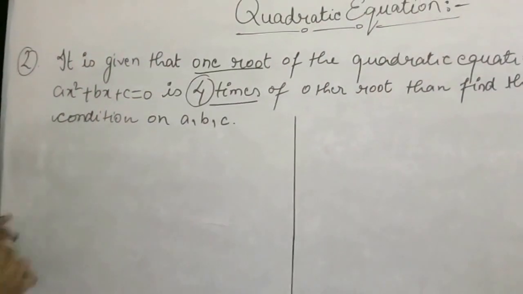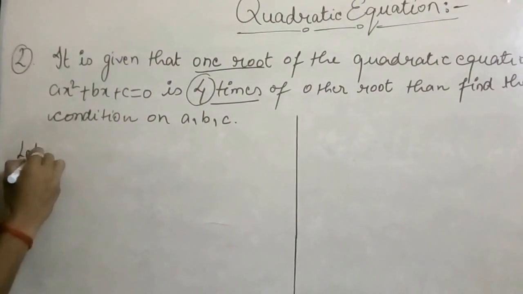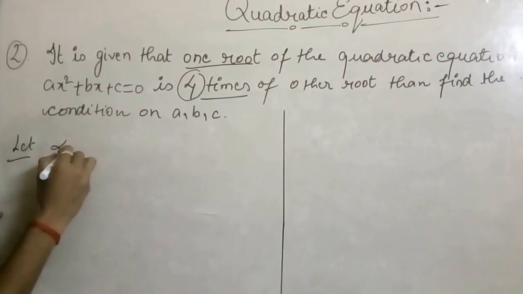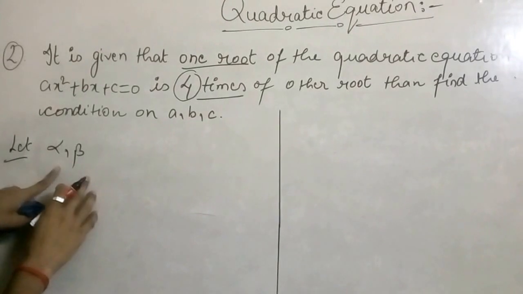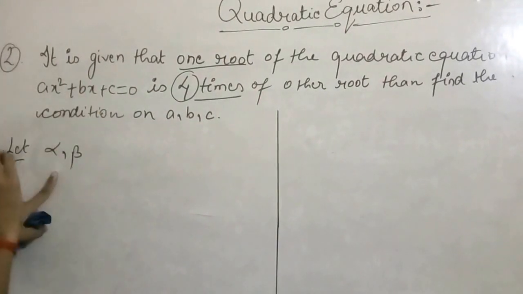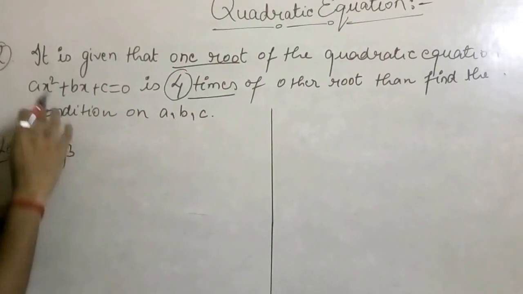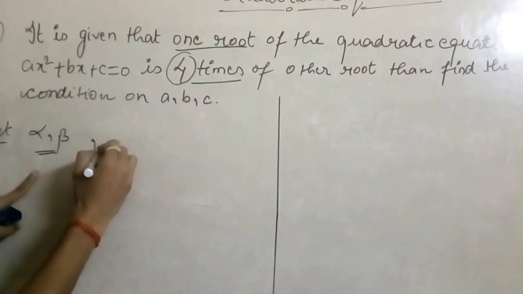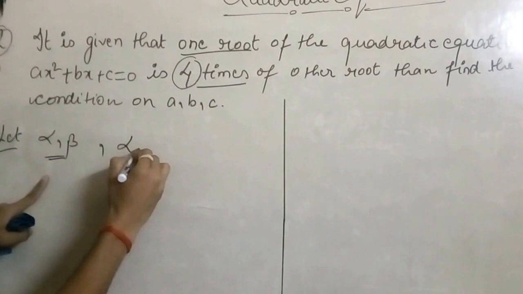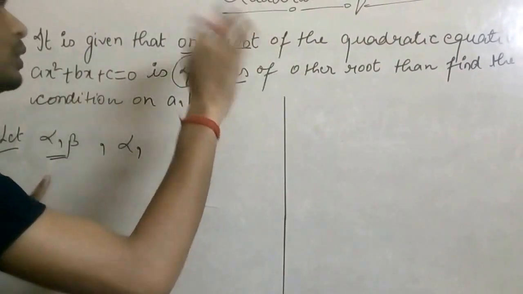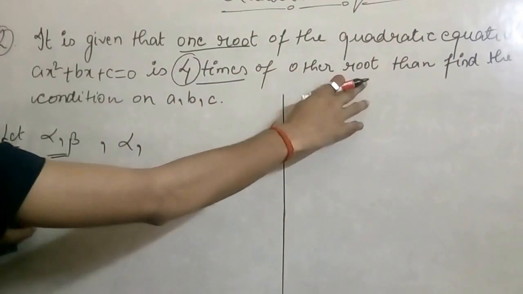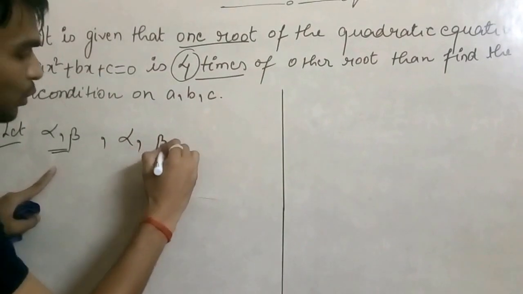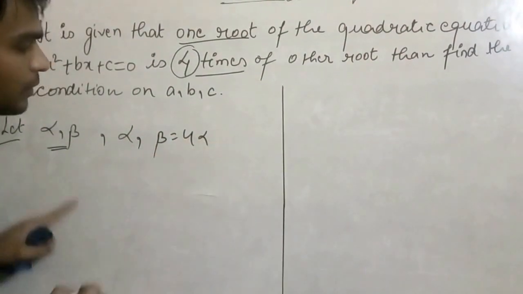So here it is given that let alpha comma beta are the roots of this equation. And from this question we know that one root is alpha, then another root is 4 times the other root, meaning here beta equals 4 alpha.